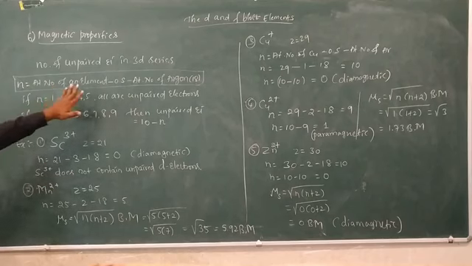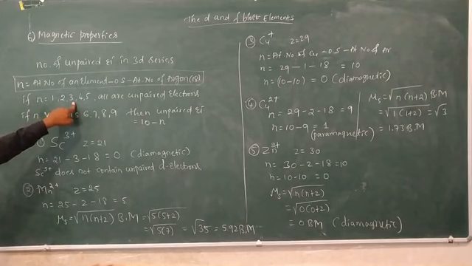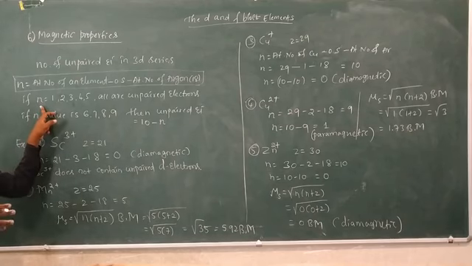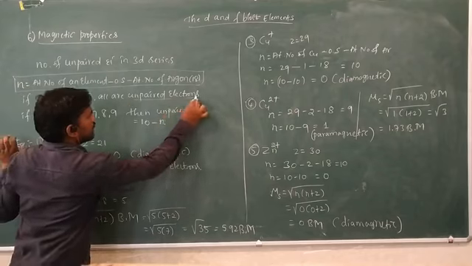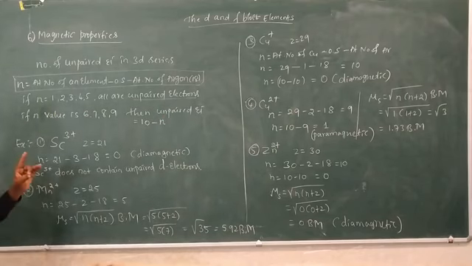This is the formula. If n is equal to 1, 2, 3, 4, 5, that is 1 to 5, the number of unpaired electrons must be 1 to 5, meaning all are unpaired electrons.